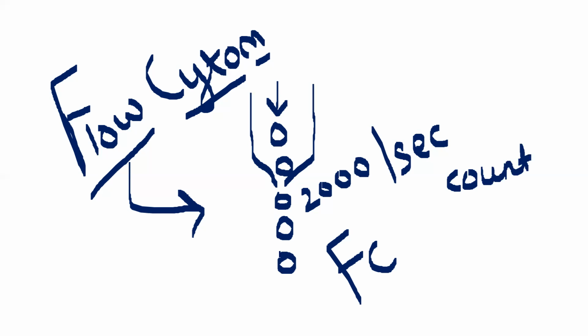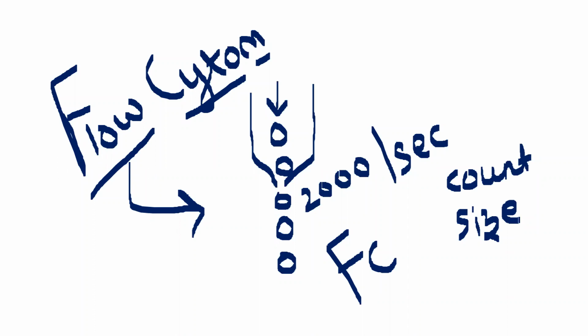Now we can also detect the size of the cell. Out of these 2000 cells, we can detect the sizes of individual cells. So I'm writing size. The cell size data we will get. And now the cellular complexity can be measured.